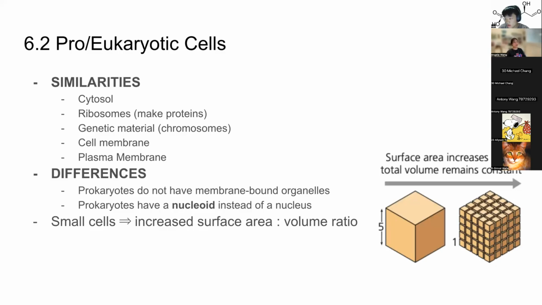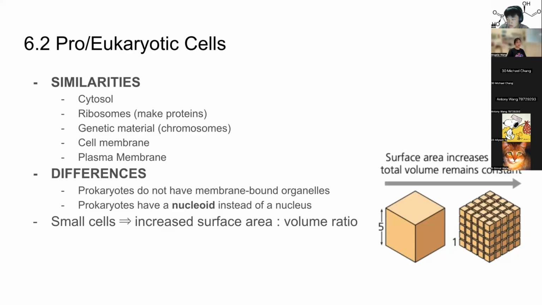So here we are going to talk about the differences between prokaryotes and eukaryotes. They have similarities, which include the cytosol, which is all the fluid inside the cells. To define, prokaryotes are the more ancient variation of cells. They were the first cells that existed, and then eukaryotic cells came later. Both of these cells have ribosomes, so they make proteins.